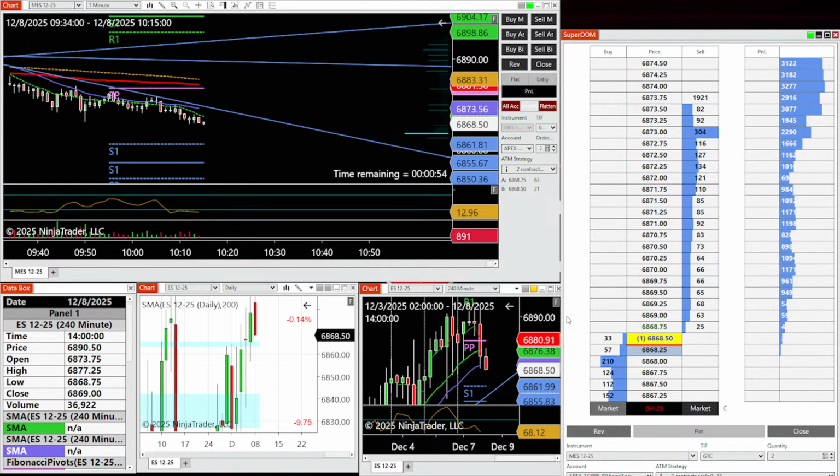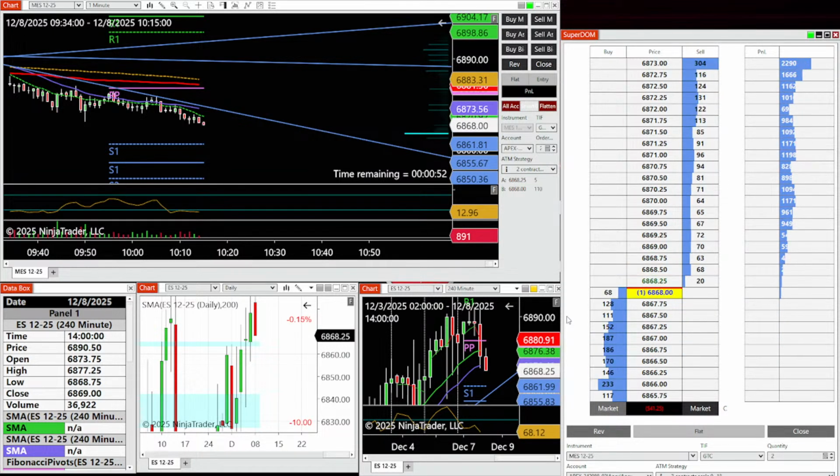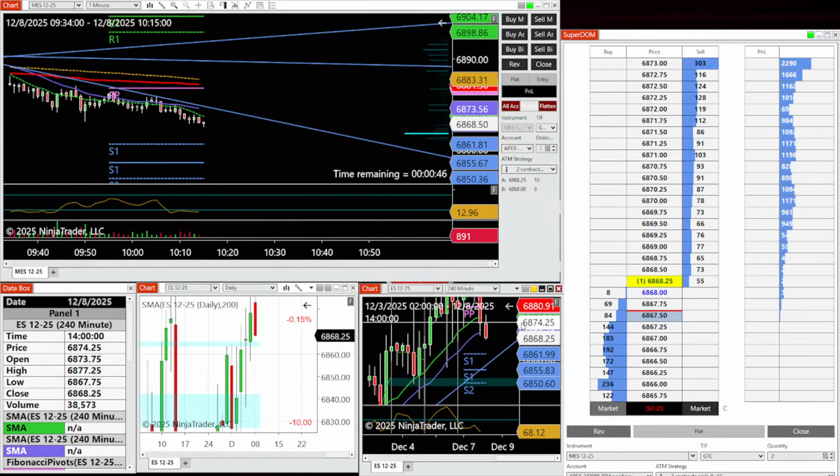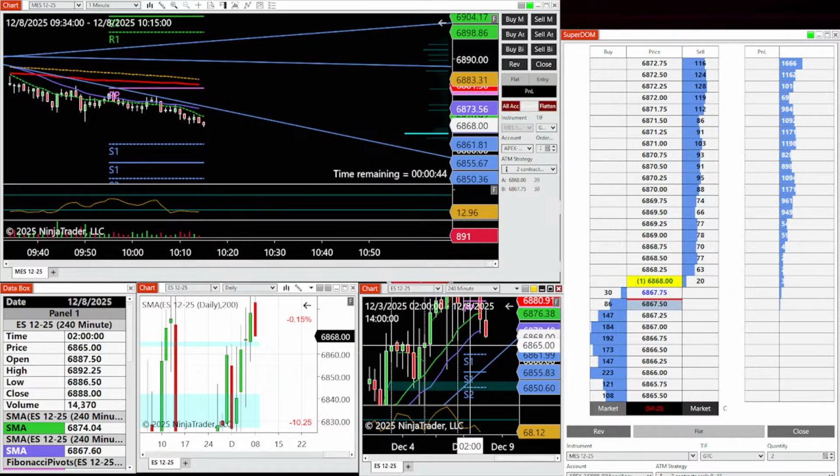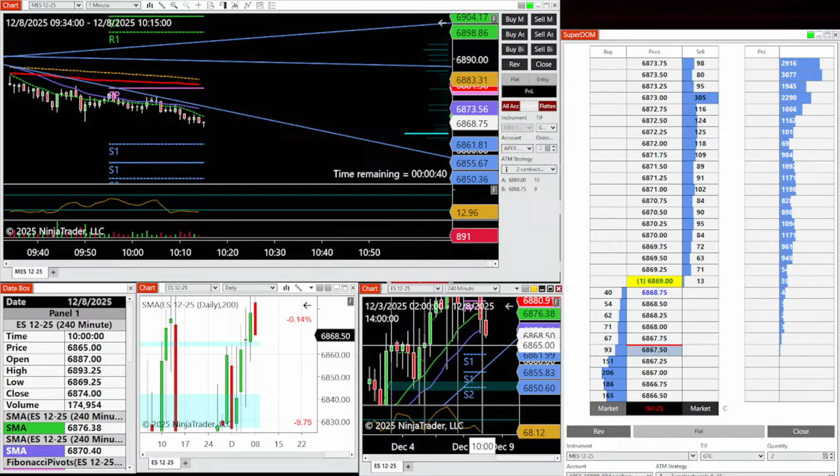On the wrong side, trying to get a bounce here. The day I'm going short, I get stopped out. The day I'm going long, I'm getting stopped out.